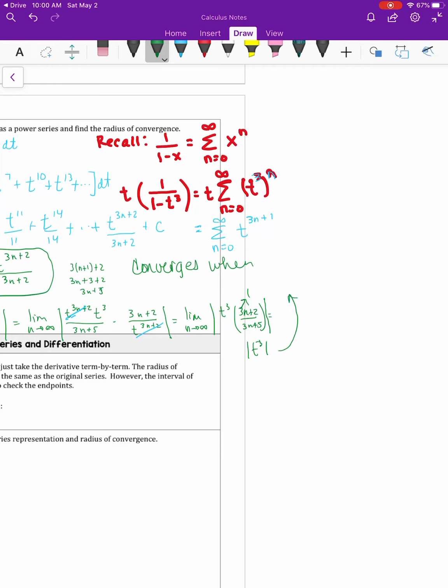And so now you're going to say, okay, so that means for this to converge, it converges when the absolute value of t cubed is less than 1, t cubed between -1 and +1.